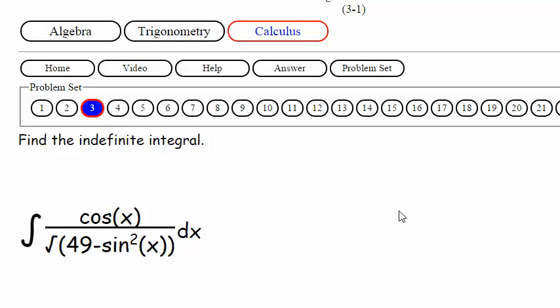Okay, we got 49 minus sine squared x dx. I'm writing a couple things down here.